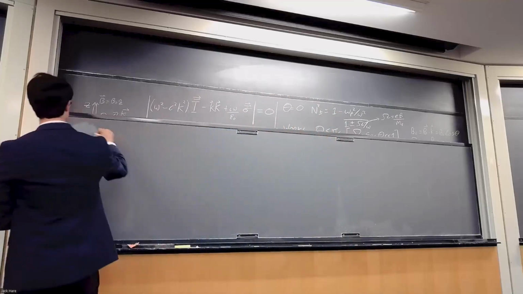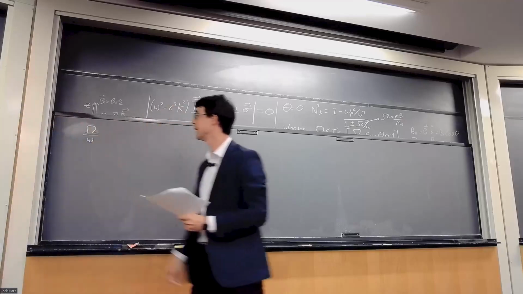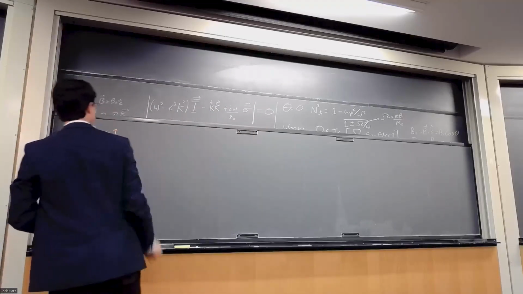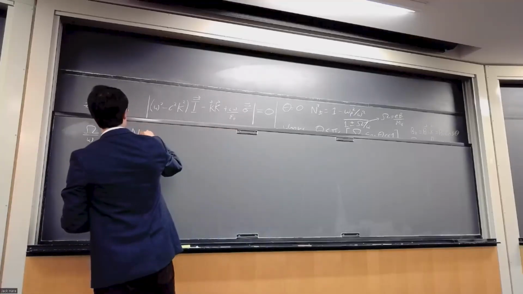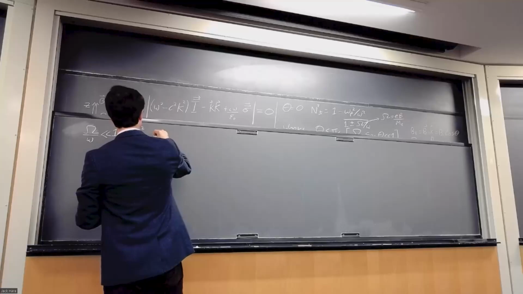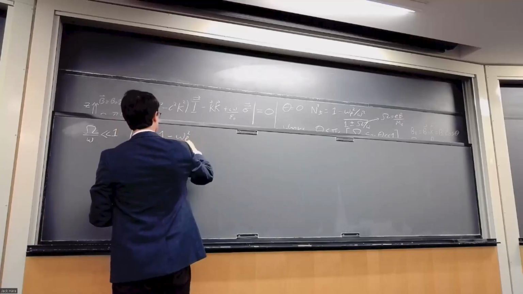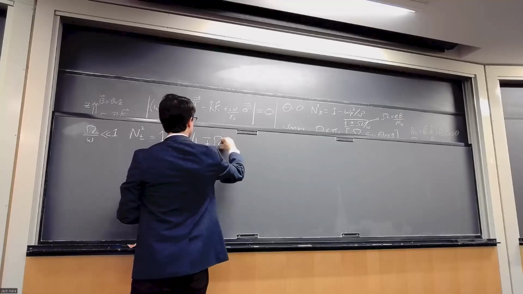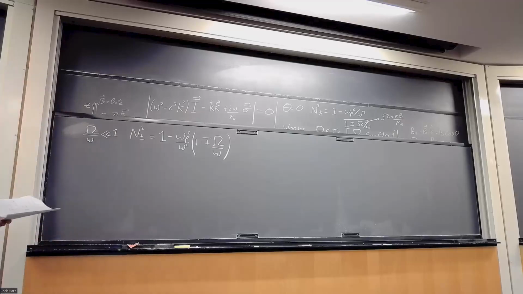And so we can say, if we happen to be in the case where capital omega over lowercase omega is much less than 1, so that our gyrotron frequency is much less than our probing frequency, then we can say that our dispersion relationship is going to look like 1 minus omega p squared over omega squared, 1 minus plus capital omega over omega here. Well, I've just Taylor expanded this again.